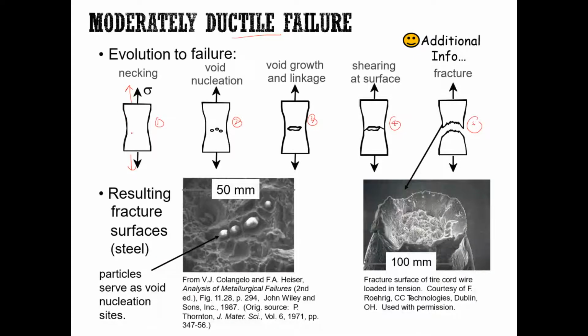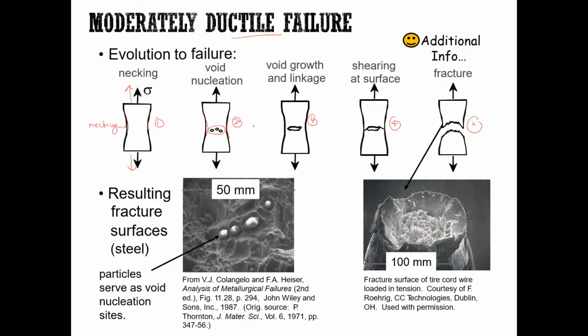At initial loading, we will create necking. So we call it necking here. And then beyond that, it starts forming small voids at the center region. So here is the center region of the necking area. So we can see small voids, alright.